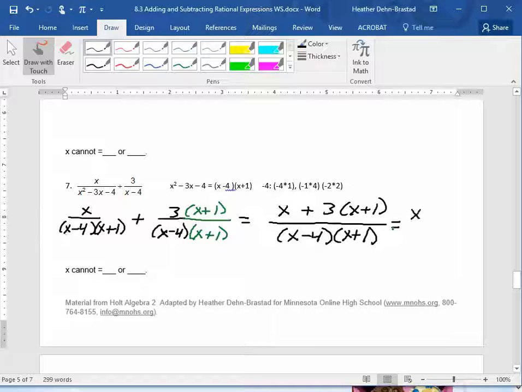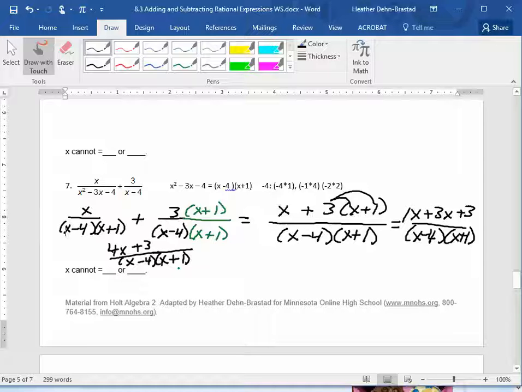So this would simplify to x plus 3x plus 3, remember you're going 3 times x and 3 times 1, over x minus 4, x plus 1. And then that finally will simplify to x plus 3x, that's the same as 1x plus 3x. So that all simplifies to 4x plus 3 over x minus 4, x plus 1.